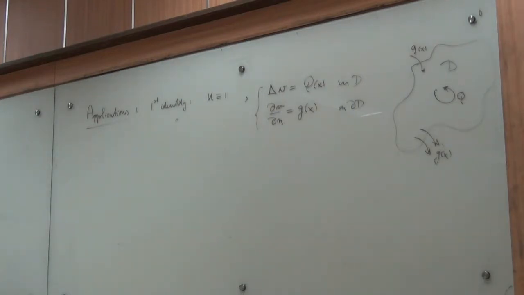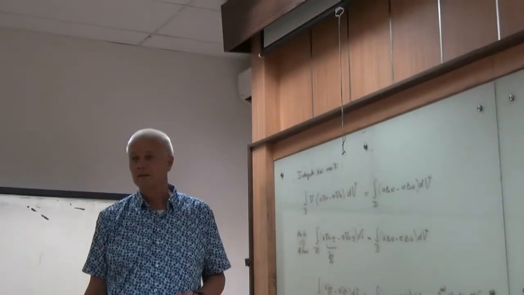Okay, let's have a look at the first identity. I wiped it out. Can someone tell me what the first identity becomes if I take u as 1?